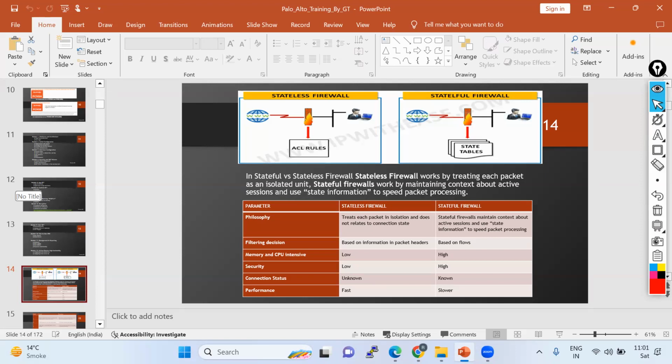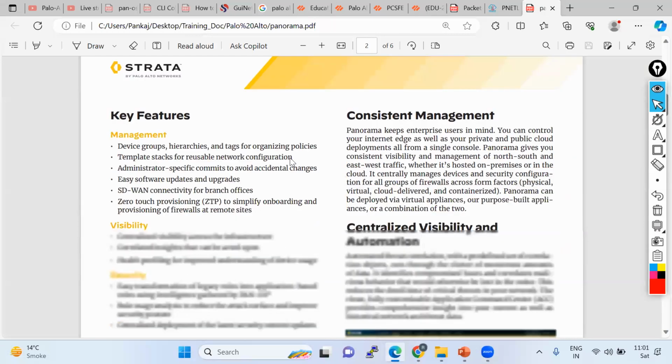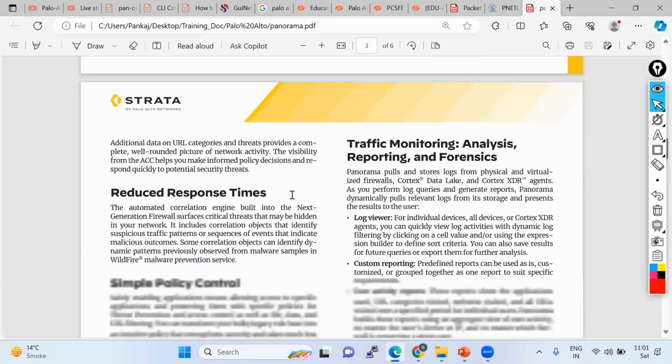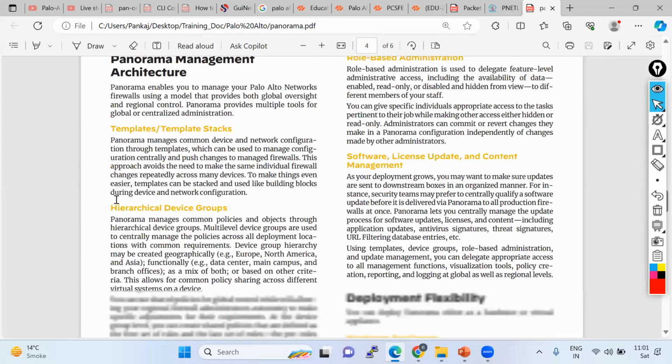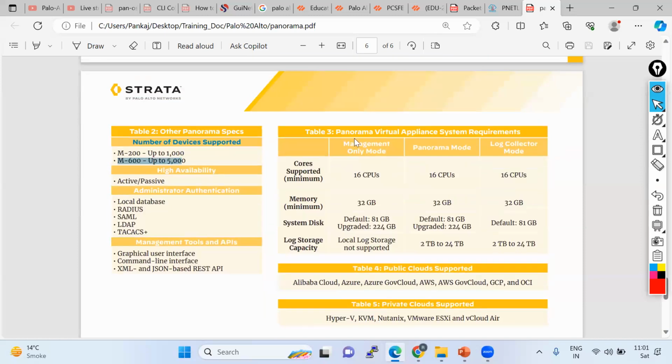Panorama. See, we are working on Panorama also. But I don't know, sir, whether Panorama is a device or an application. Panorama is a device, a hardware or software device. It could be hardware, or it could be software. It's similar to the firewalls. They come with models. Let me show you. This is the model M200, M600, and it can also be supported in the virtual environment.